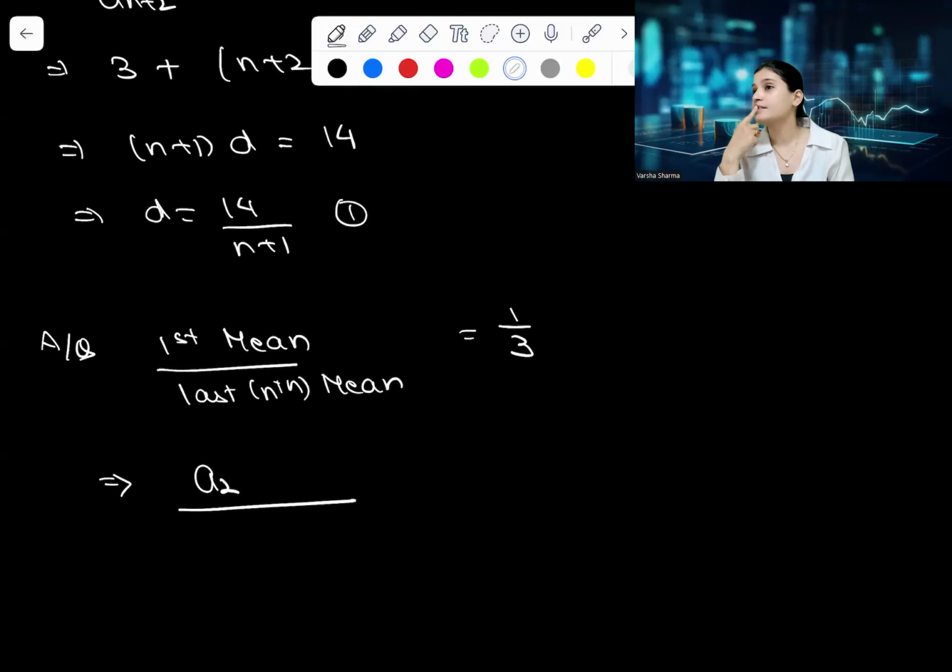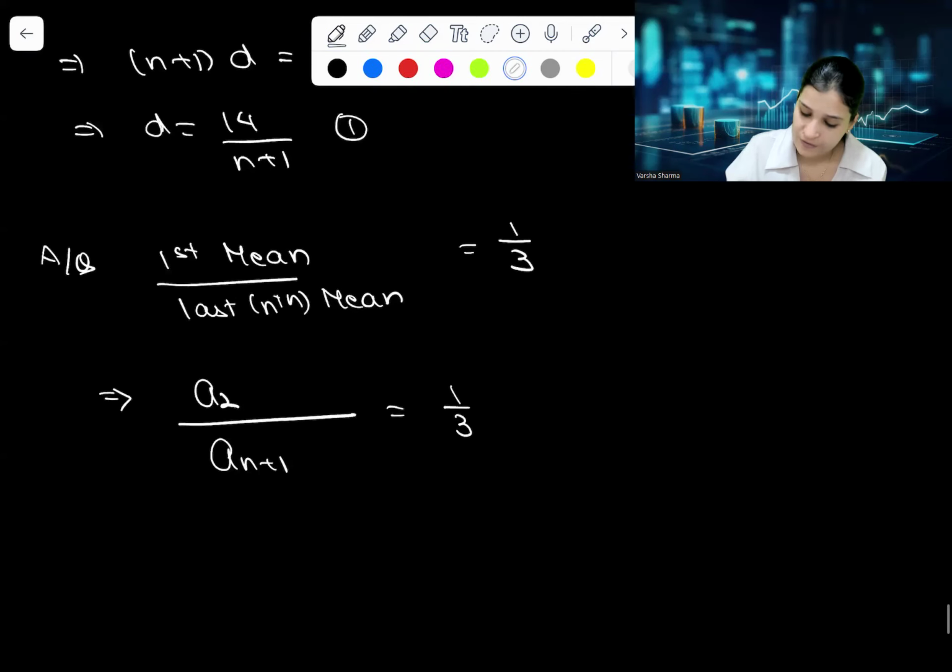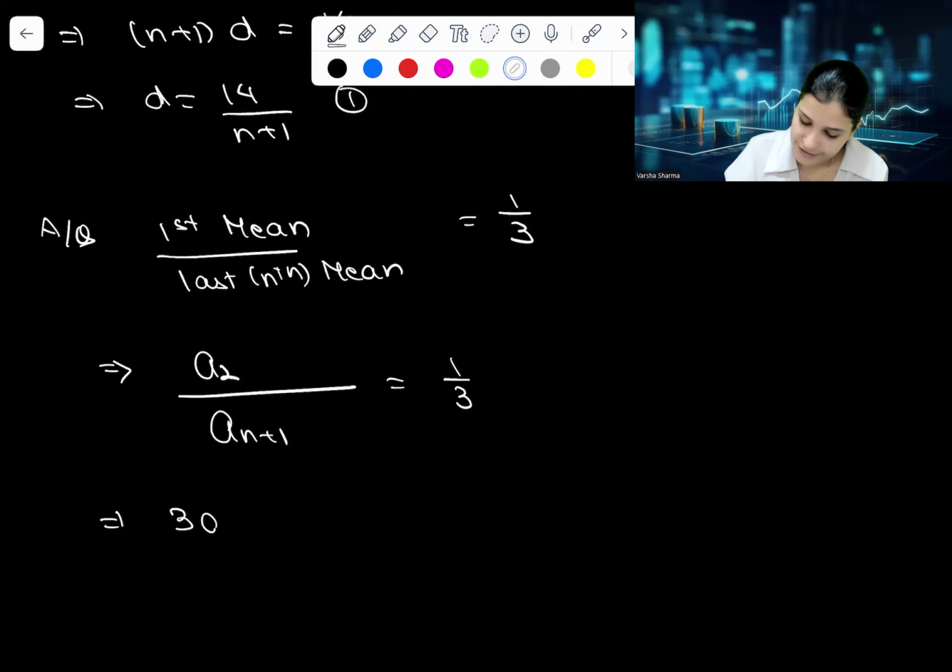See, the first mean is the second term, second mean third term, fifth mean sixth term, tenth mean 11th term. Nth mean is the n plus 1th term. So 3A2 equals A n plus 1.